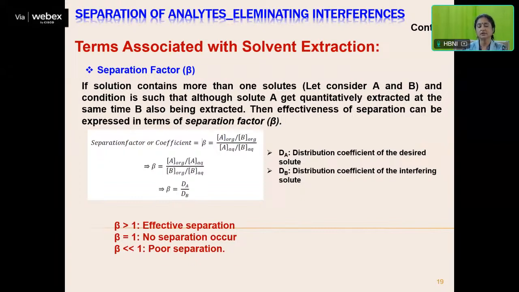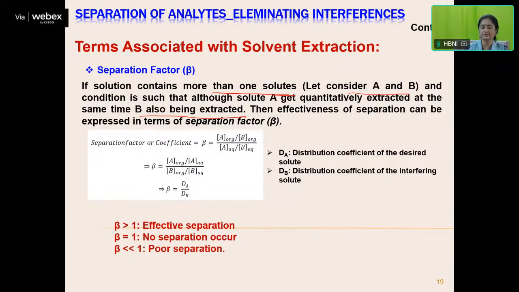If the solution contains more than one solute, which normally is the case, because you will never get a case when only one analyte is present, let us consider A and B. The condition is such that although solute A gets quantitatively extracted, at the same time B is also extracted. Then the effectiveness of separation can be expressed in terms of separation factor.